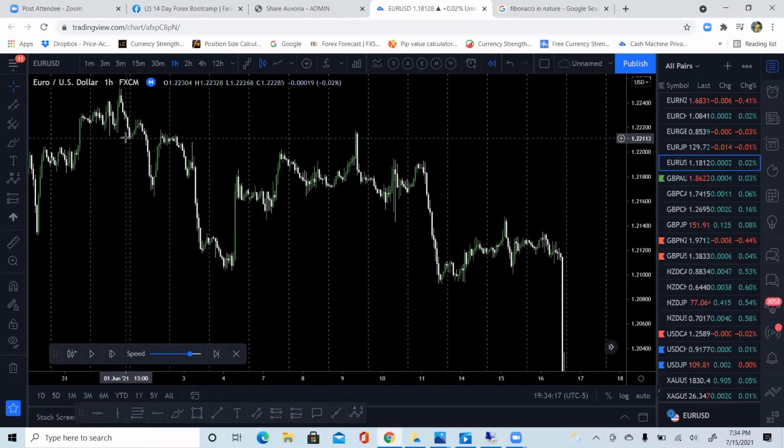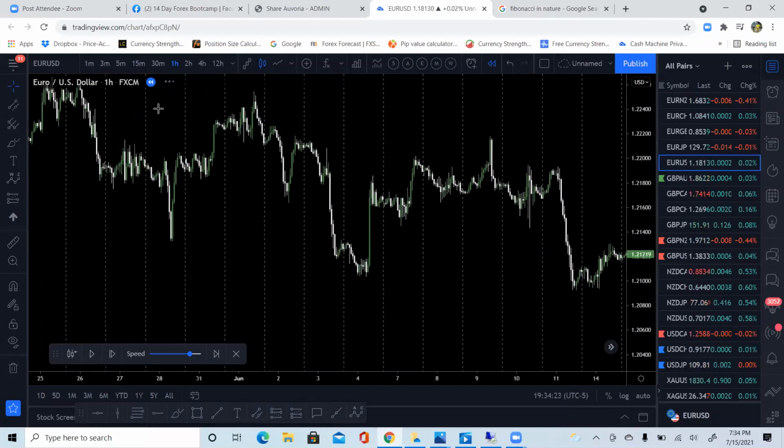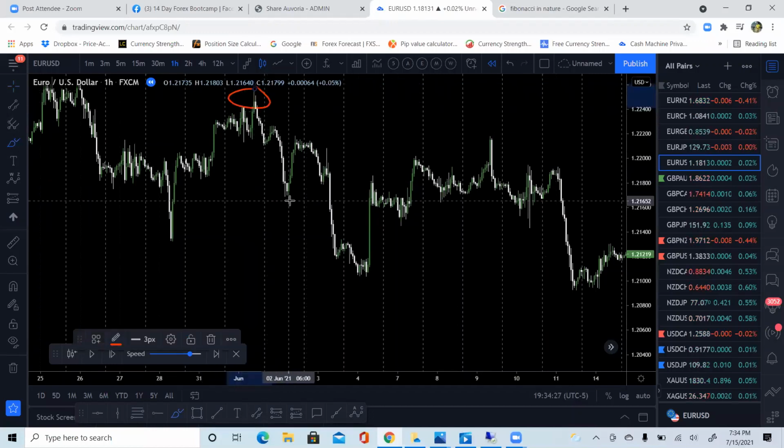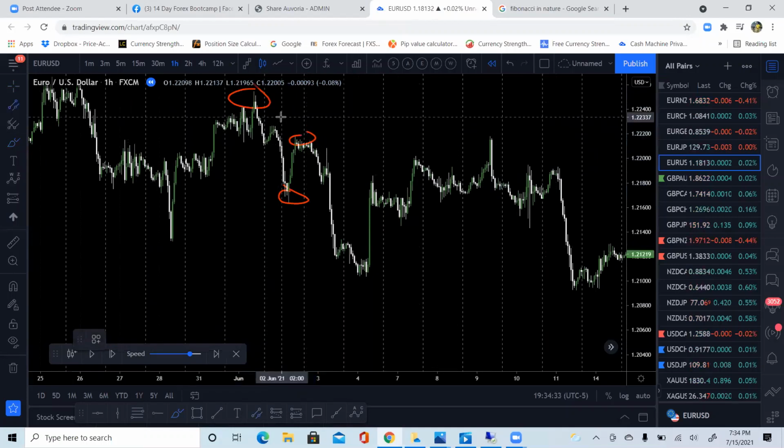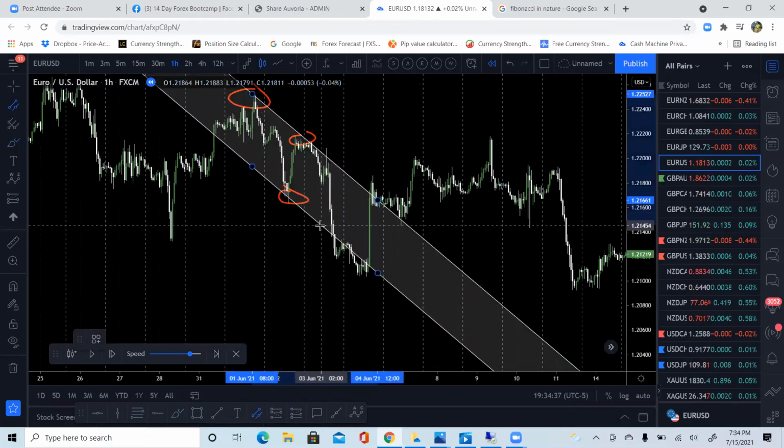So we have two examples. Here we go. So you have a high, a low, and another high. So what you can do is you can create a price channel to match it.